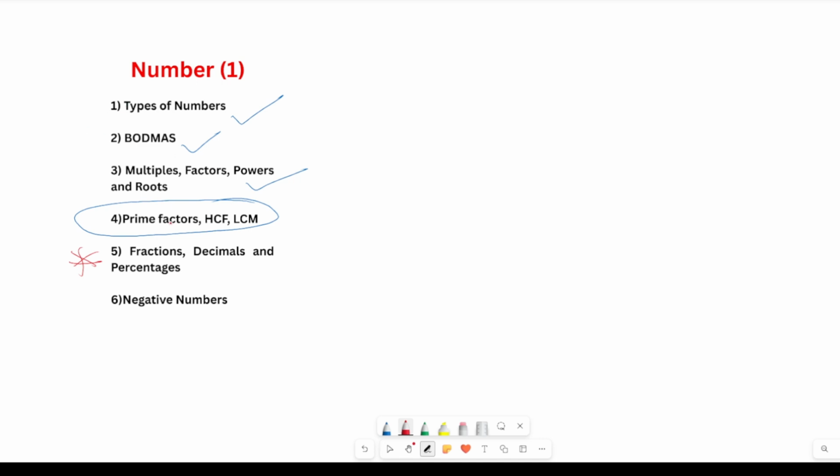Previously, we examined prime factors, HCF and LCM. We explained why these are very important concepts that we need to know and how they can help us to do many useful things in mathematics. Now we want to look at fractions, decimals, and percentages, okay?